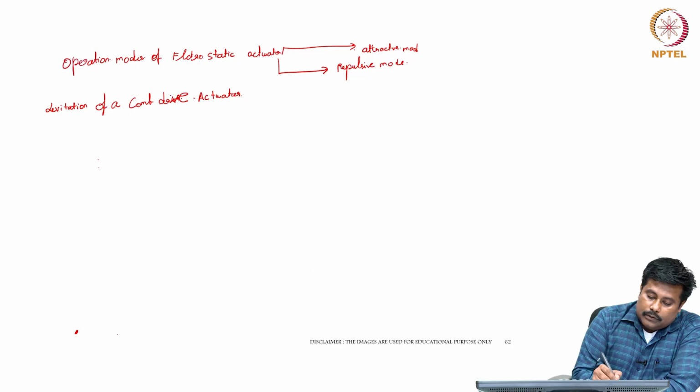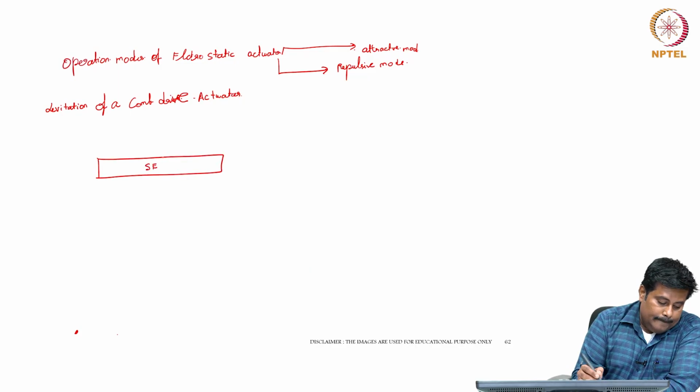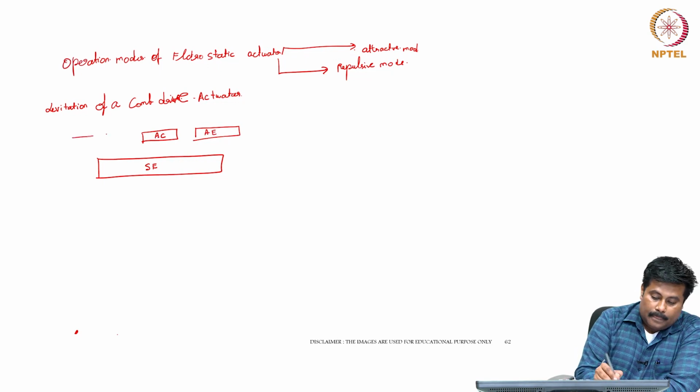So the configuration looks something like this. This is called SE, AC, AE and AE.